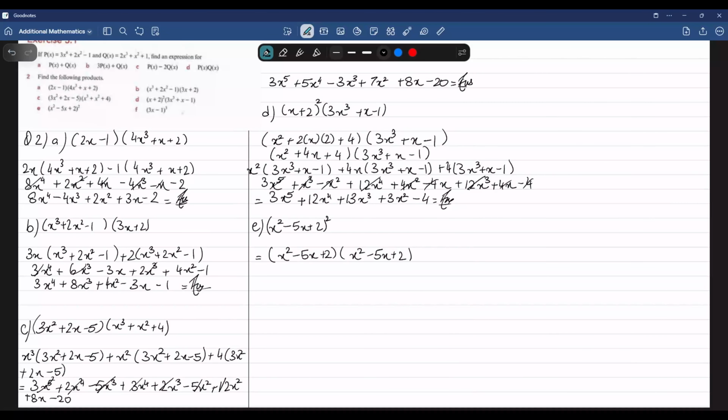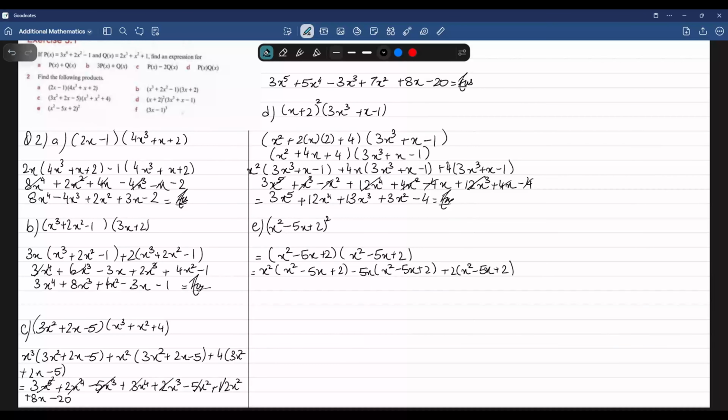Now we can multiply them individually with each other. So x squared multiplied by x squared minus 5x plus 2, minus 5x multiplied by x squared minus 5x plus 2, and plus 2 multiplied by x squared minus 5x plus 2.